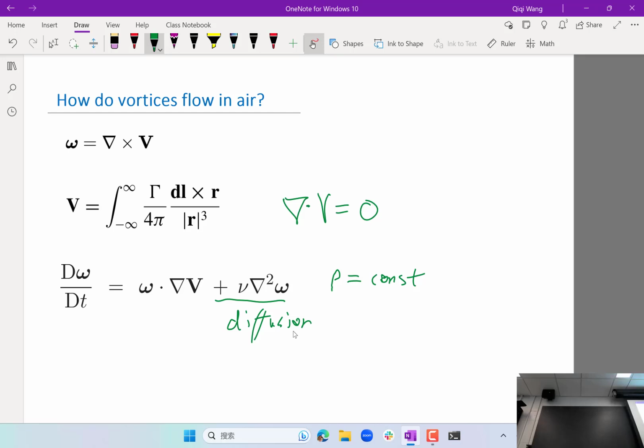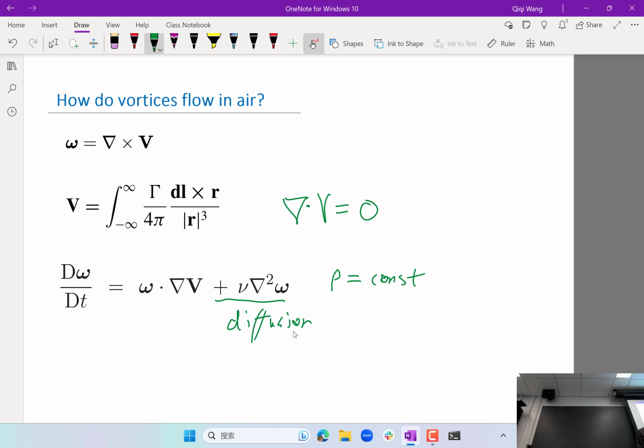So in inviscid flow, we basically ignore this term because it works so slowly, right? So we'll only focus on this term. And the only thing important on this term that we'll emphasize right now is that if there is no vorticity to start with, you're going to end up with zero vorticity.